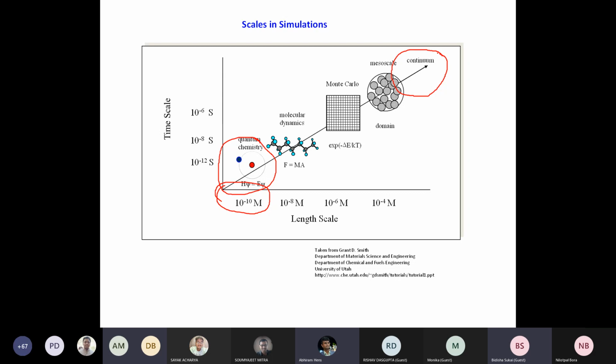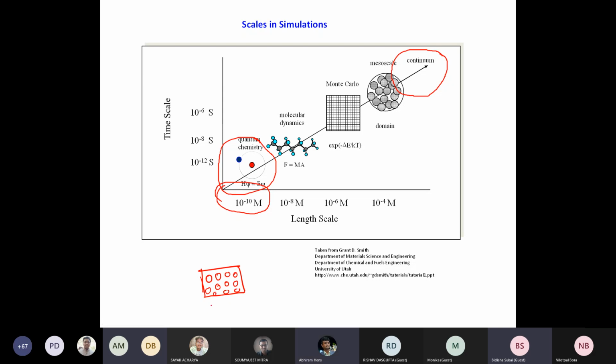It will not vary. Okay, so if I were to explain the concept, let's say you have a box like this. The reality is that this box, let's say a gas mixture is there in this box. It contains a number of gas molecules or atoms, whatever.